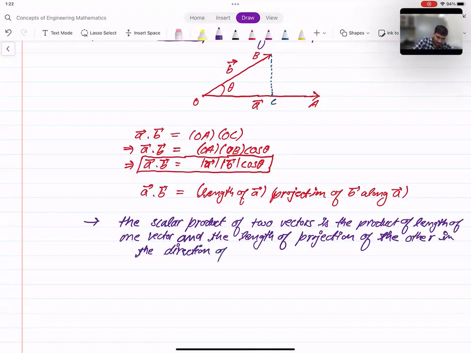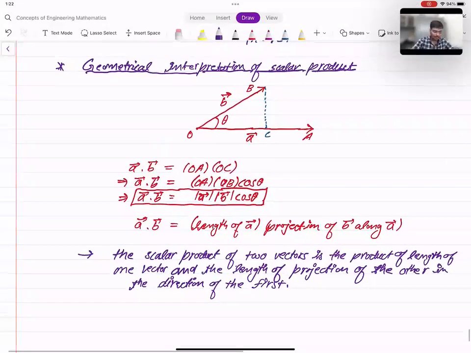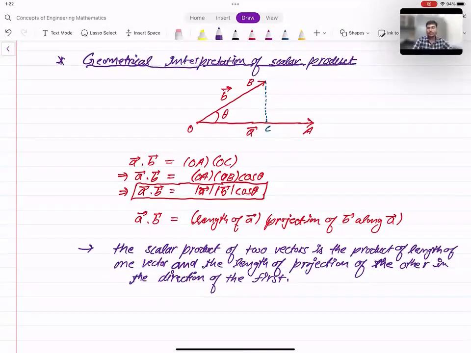So this gives us the geometrical interpretation of scalar product of vectors.